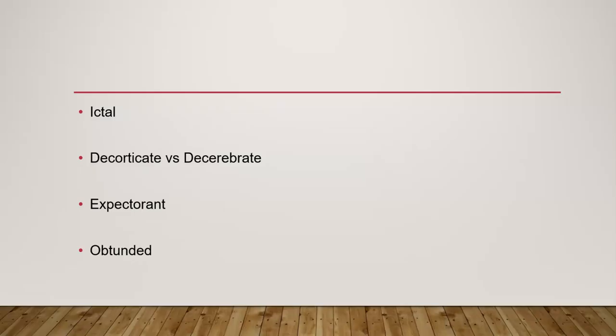We call those patients obtunded, and that is a bad sign for a patient. Not to be confused with lethargic. Lethargic patients are awake, they're just a little slow to answer, and they usually have their eyes open.